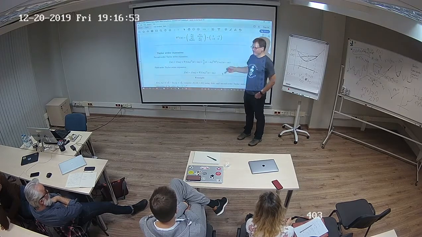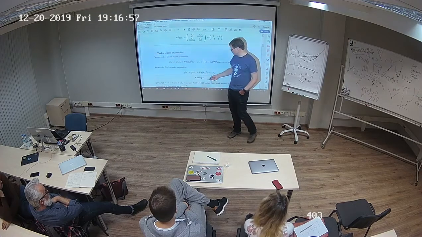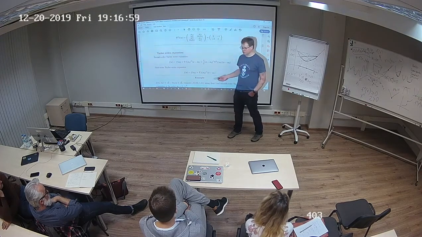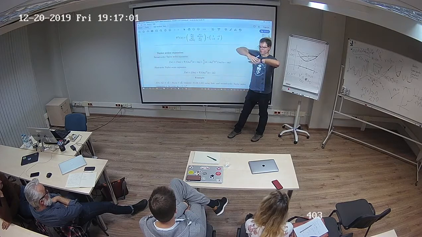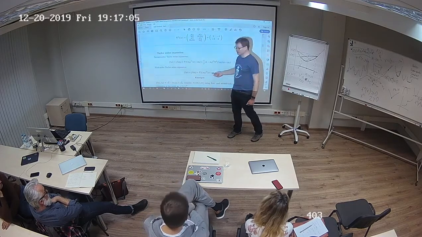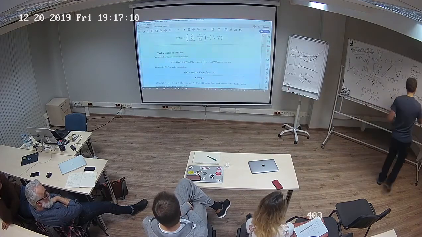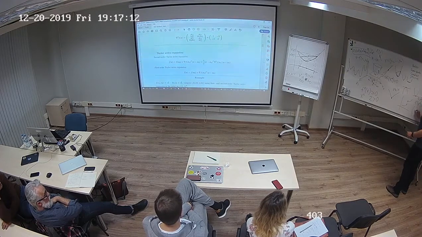The letter T is transpose. So this is now the gradient vector, transposed, multiplied by x minus x0. Those are vectors, so you do the inner product, you multiply two vectors: the transpose of this gradient vector multiplied by that. Typically vectors are represented as column vectors. So this is your vector.